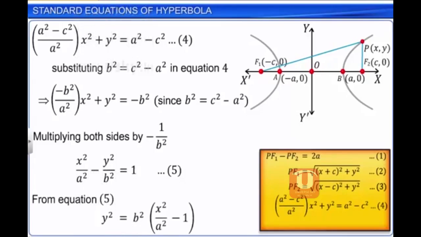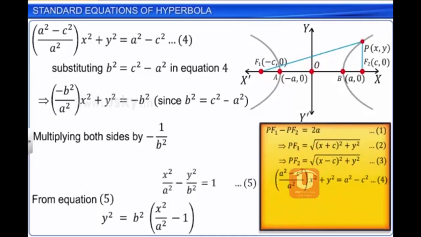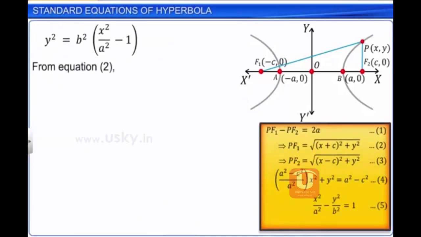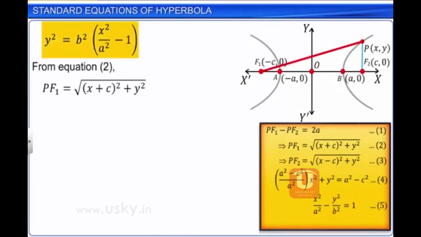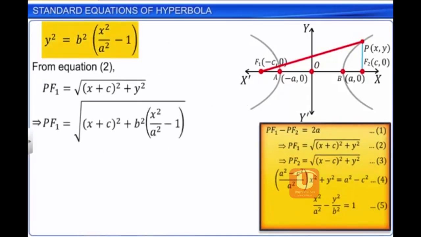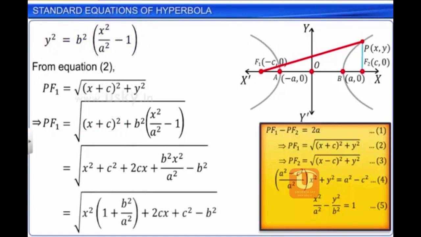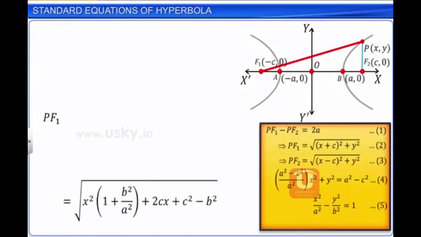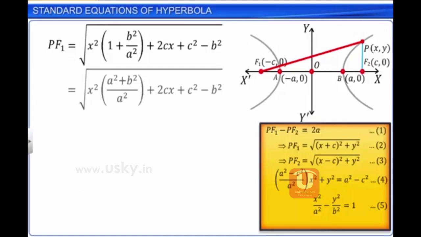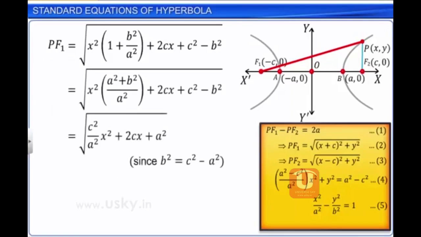Substituting the value of y square from equation 5 in equation 2 and simplifying, we get PF1 is equal to (a plus c upon a) into x.